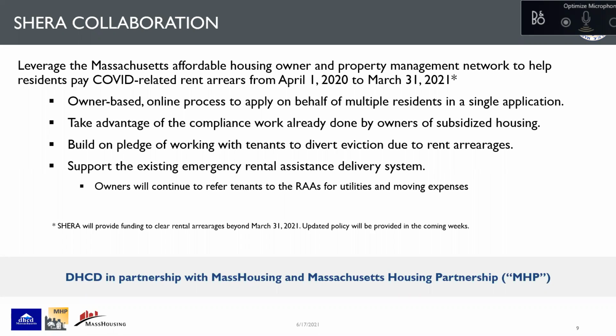As I mentioned, the property owner or the management agent applies for the assistance on behalf of their tenants with rent arrears for that time period, April 1st, 2020 through March 31st, 2021. And as I stated earlier, there will be updated policy regarding additional months that this program will cover.